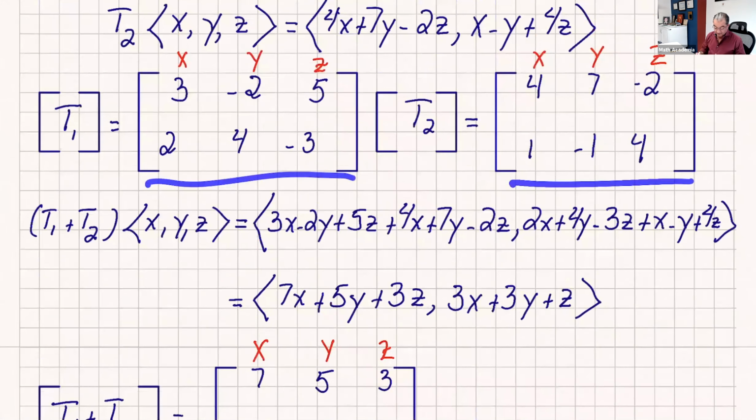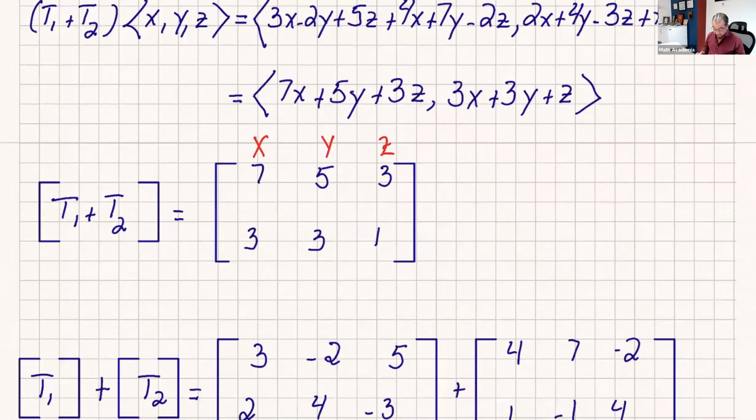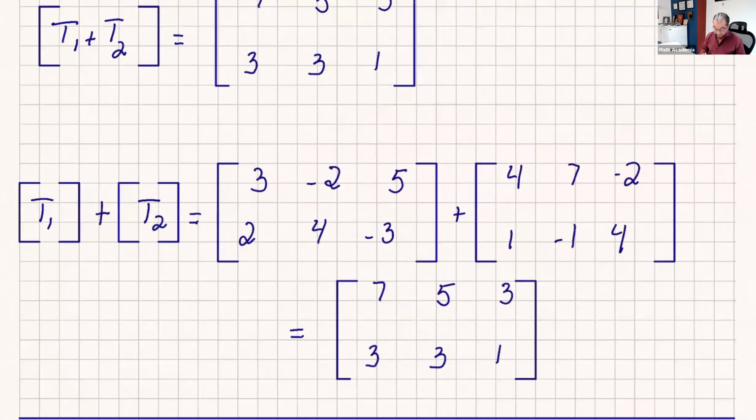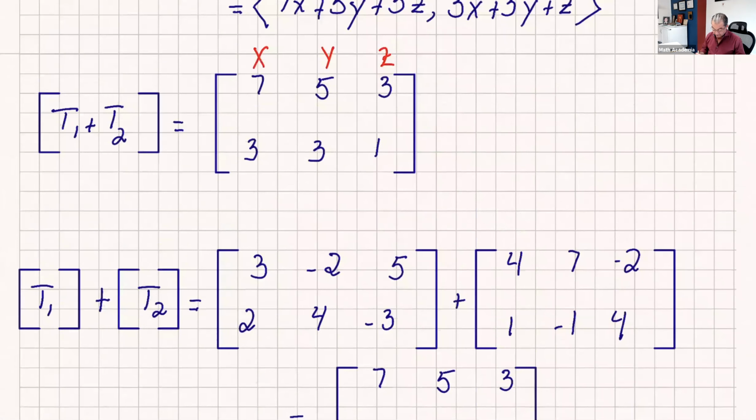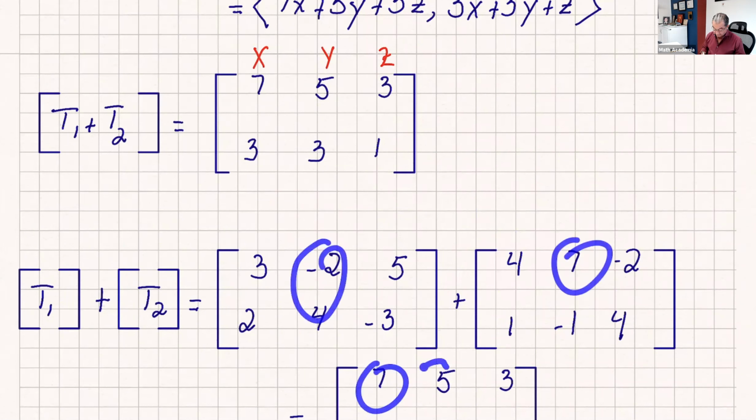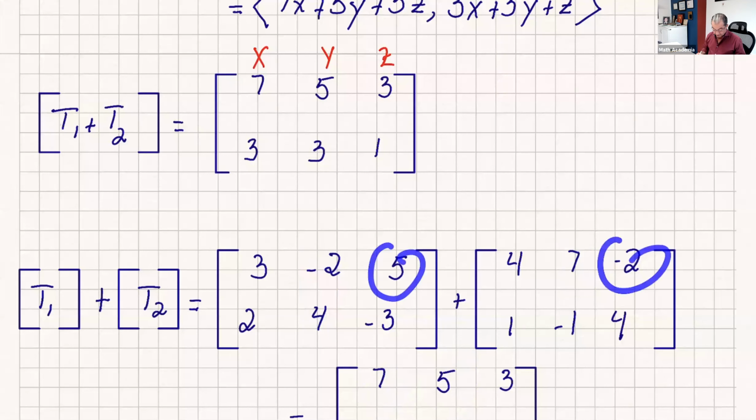So if we add them: 3 plus 4 is going to give you 7. -2 plus 7 is 5. 5 minus 2 is 3.